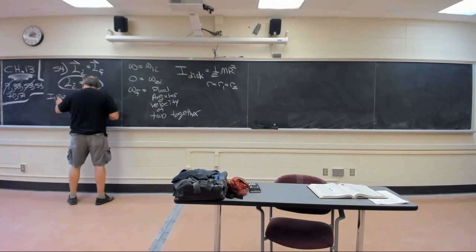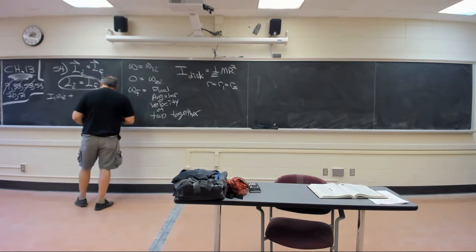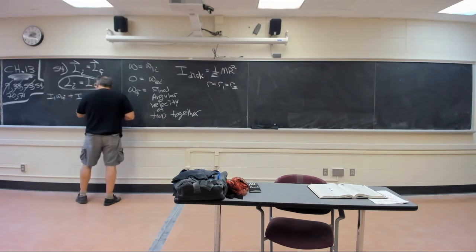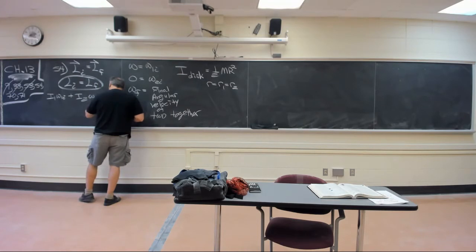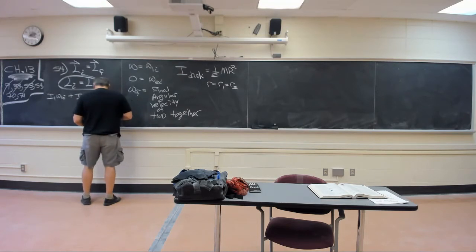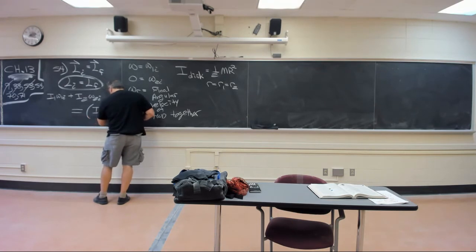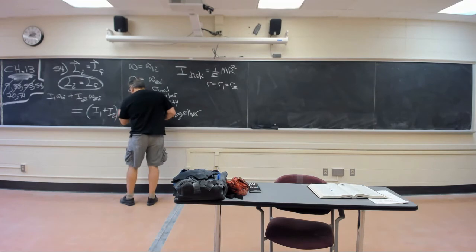Moment of inertia times omega will give me the angular momentum. So angular momentum initial equals angular momentum final. Let me take these two and put them together. And then when they merge, there's an omega sub f.